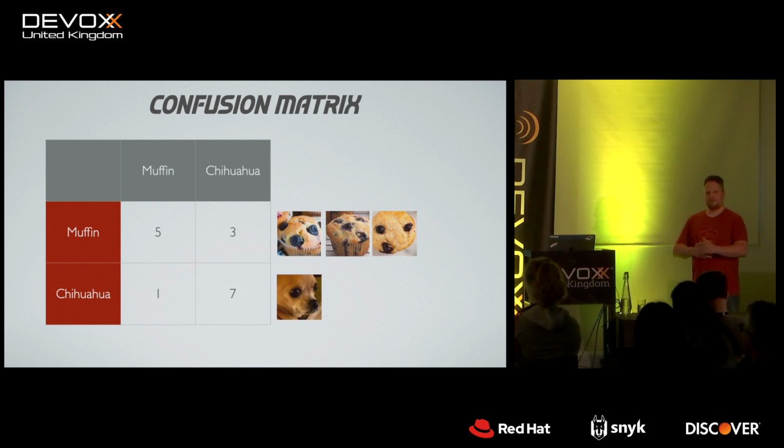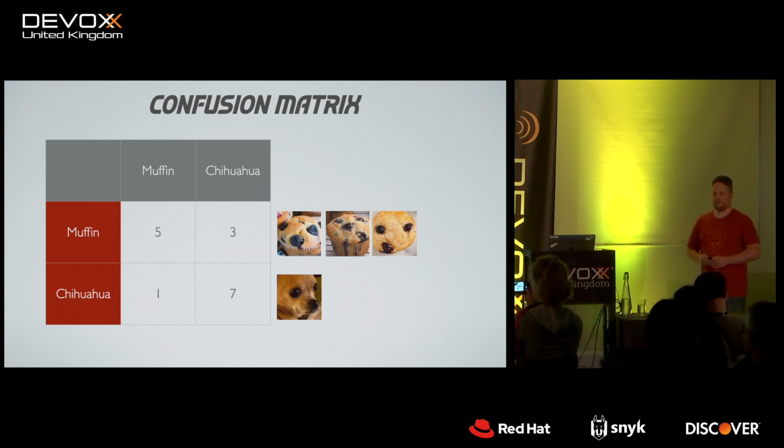So if we run this through all of the test set, we can create a confusion matrix. This is also something that's done very many times in machine learning. On the right side in red, we see what the actual label was, and on the top we see what the machine learning model actually thought about it.